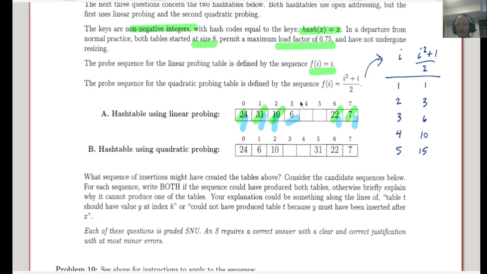The 6 I was adding 5 to was this 6, not the value 6. I was adding it to the slot where the value 6 would have gone in an empty 8-slot table. Okay, now we can move on to quadratic.